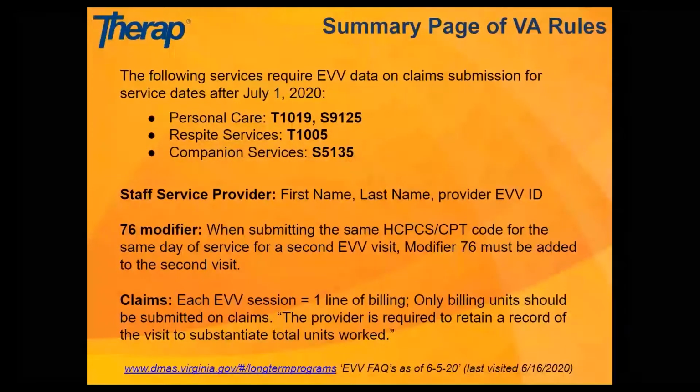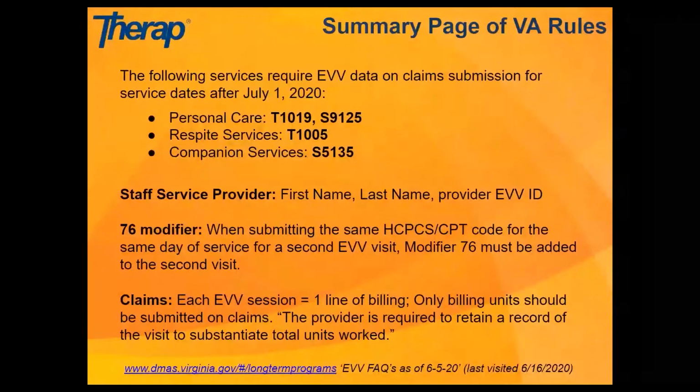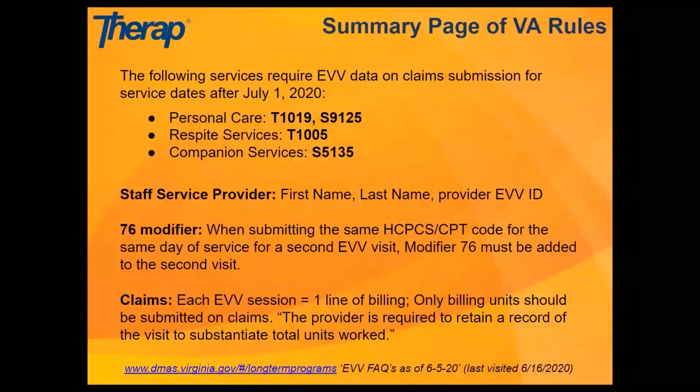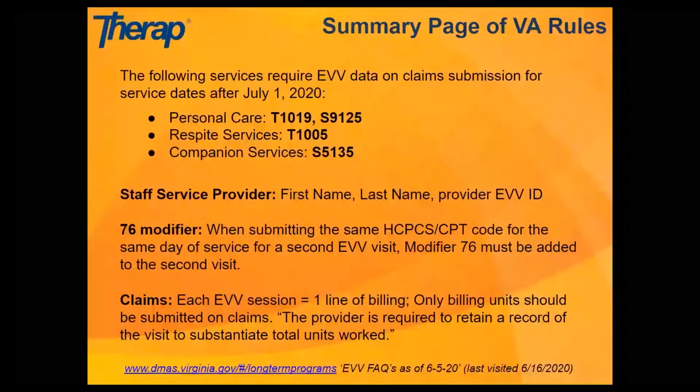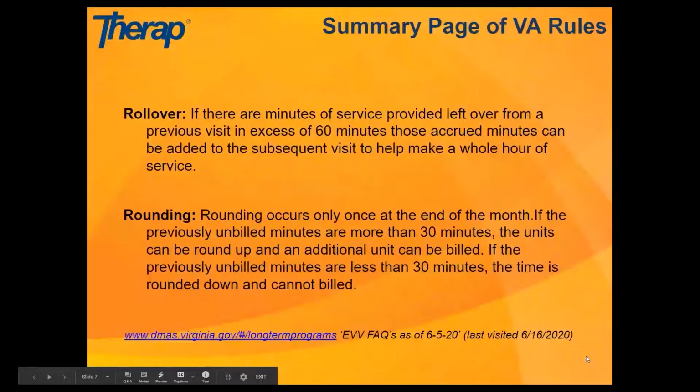Those 15 minutes can be rolled over to the following session. The time in, time out that we're submitting on the claim is not quite enough for an entire unit, but you have 15 minutes from a previous session that can be rolled over and create additional billing units. So the times that are submitted may not always match the billing units because of this rollover. That's something you want to be aware of in our system.